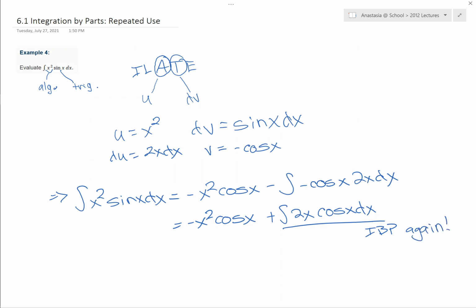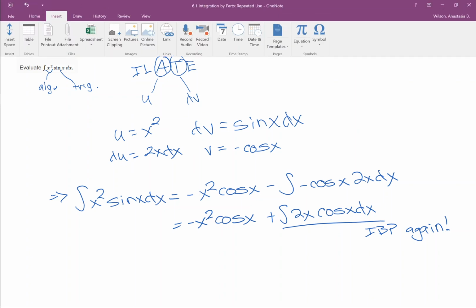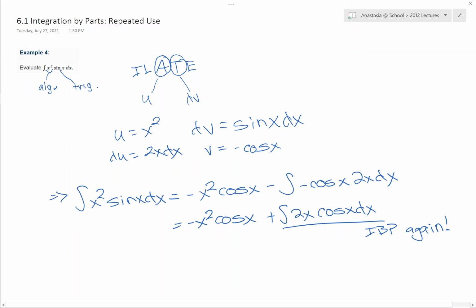And before I continue, I do want to make one more comment here about rewriting this integral. For those of you that like to move constants outside of integrals, that's still perfectly fine to do with integration by parts. So if we did that here, we would end up with a negative x squared cosine of x.